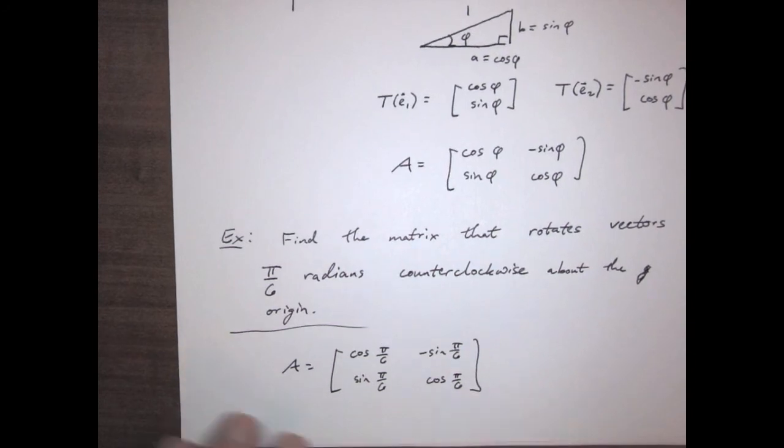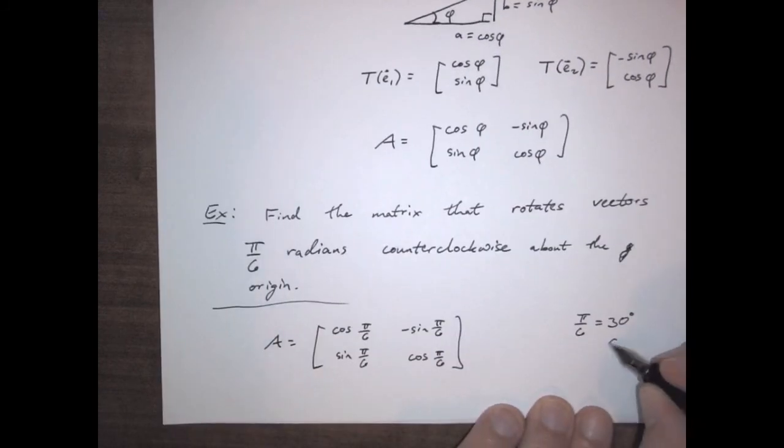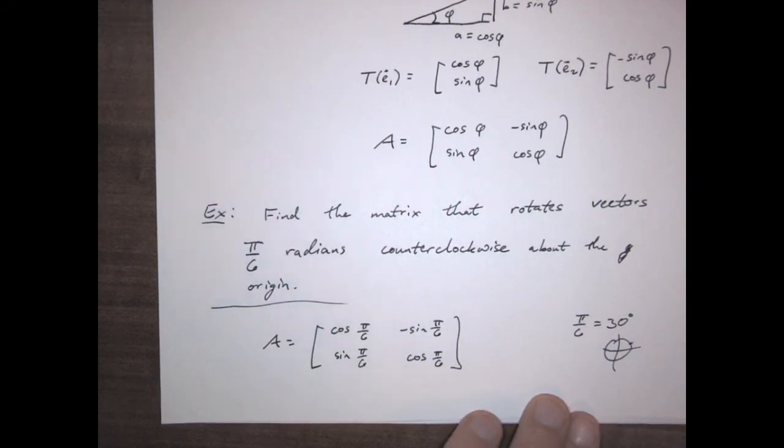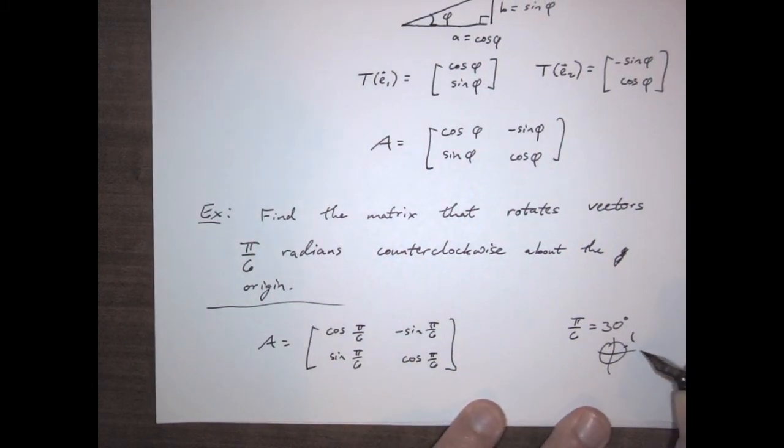And since pi over 6 radians is the same as 30 degrees, all of you students of the unit circle may well recall what the coordinates are of the 30-degree angle on the unit circle. The x-coordinate is root 3 over 2, the y-coordinate is 1/2.